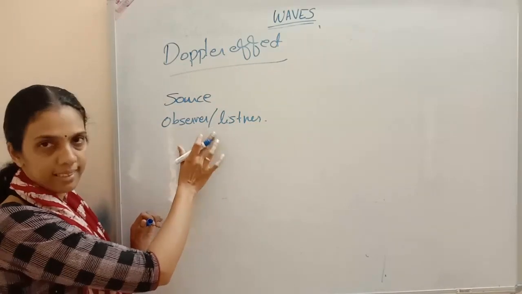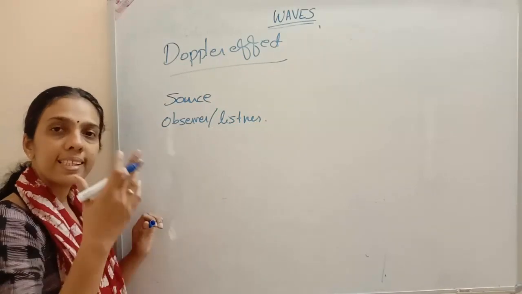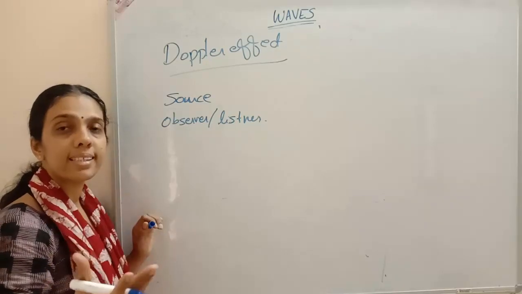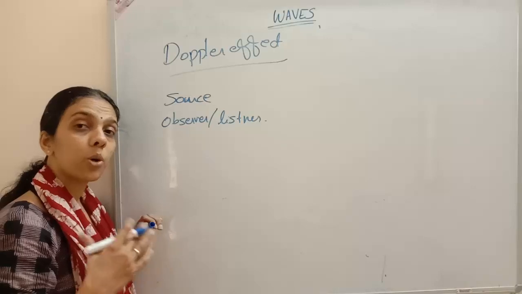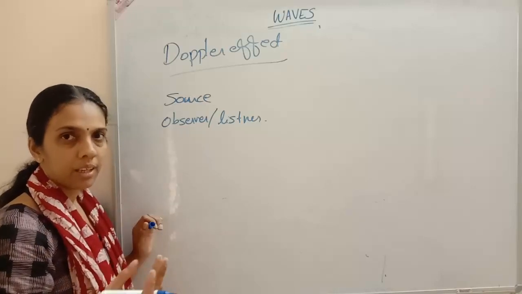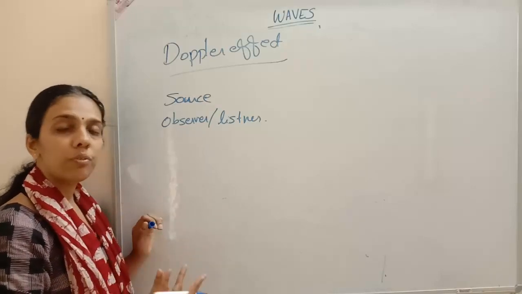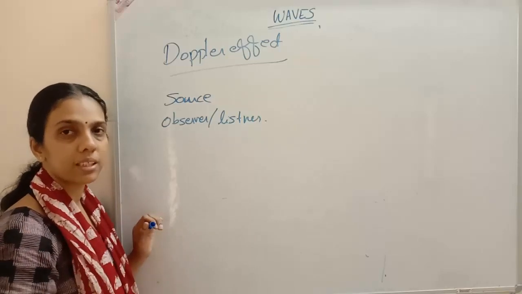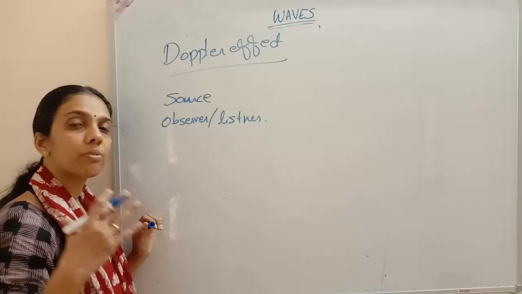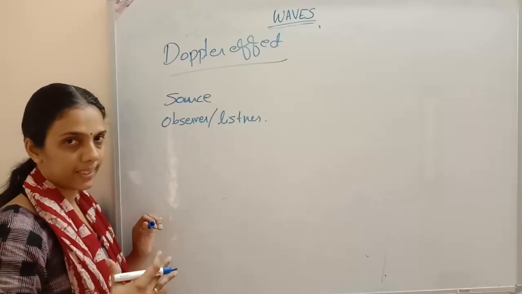So that is the listener. So the distance between the source and listener varies, and according to that, the frequency will also vary. The actual frequency of the source won't reach the observer, because the distance increases or decreases.